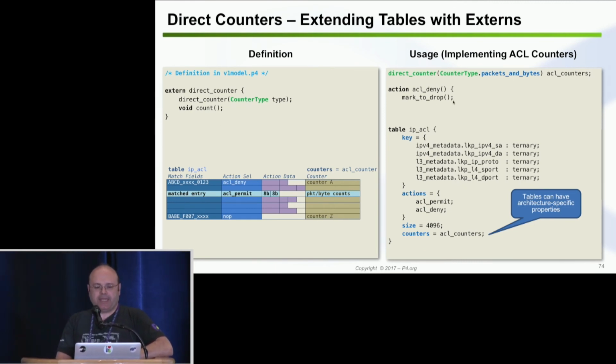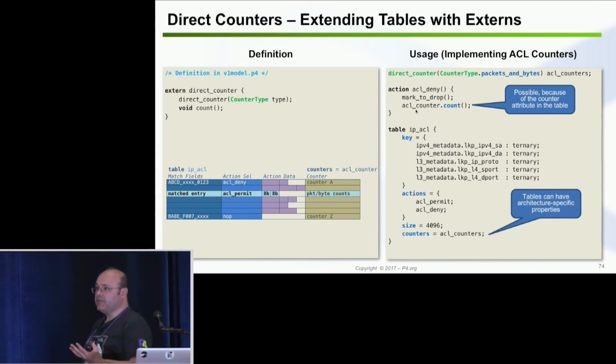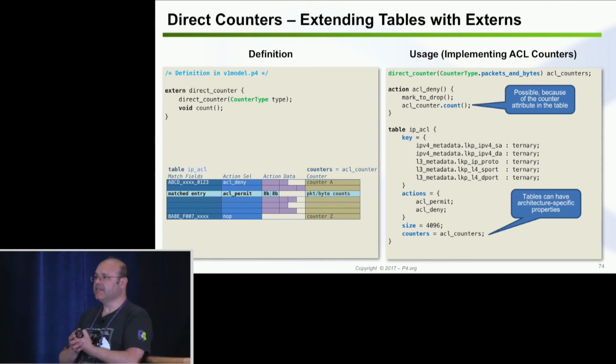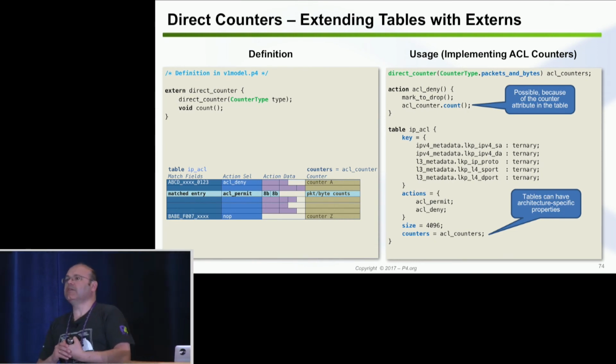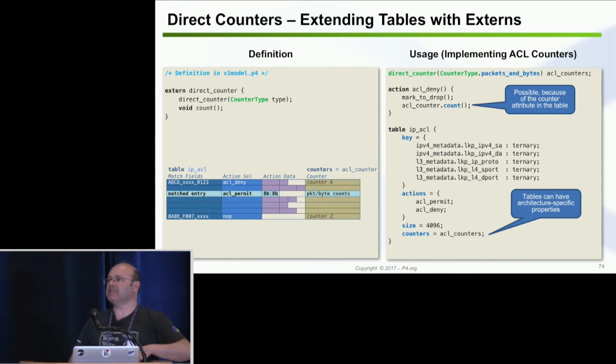So for example, if I have an action called ACL deny, I will mark the packet to drop, but I also can call the count method of the ACL counter. And so it will allow me to count the packets I just dropped. So these counters do not live outside of tables, they live inside.